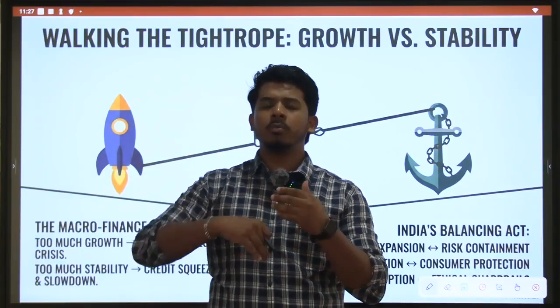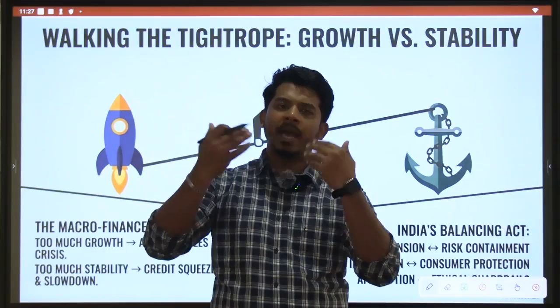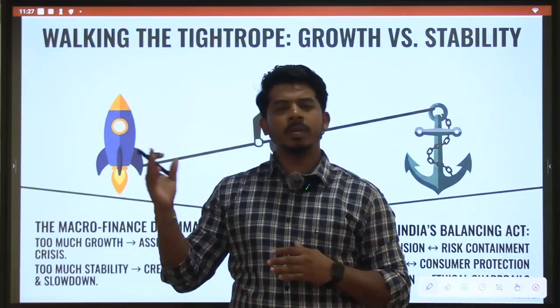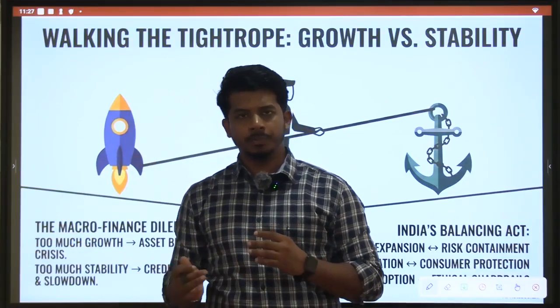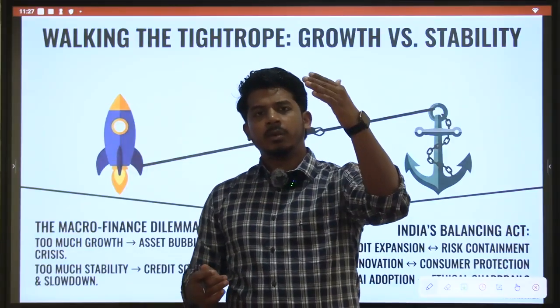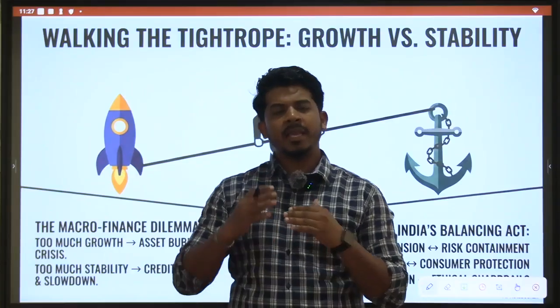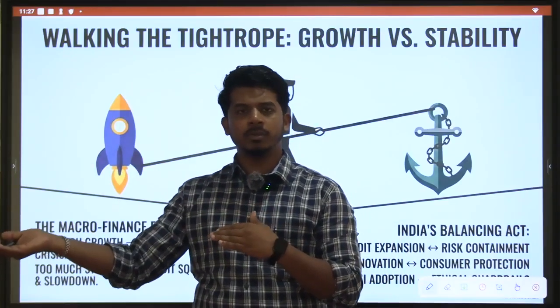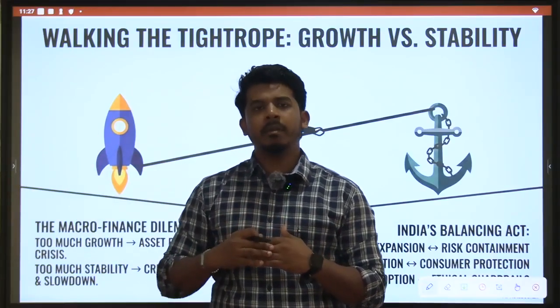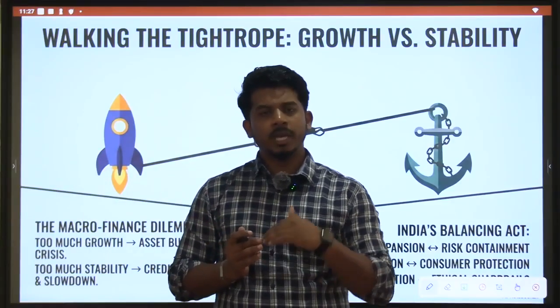So we think the more loans a bank gives, the more profit the bank earns, and the more will be the growth. But it is not true. Beyond a certain point, growth becomes very harmful. It will have other consequences. If the bank keeps on giving unlimited loans, some of them will not repay and the bank will go into crisis. So there will be a middle point.